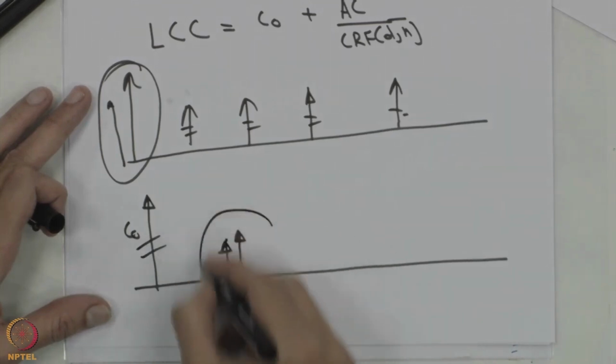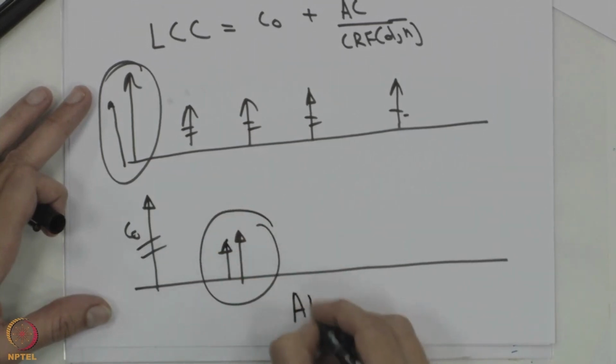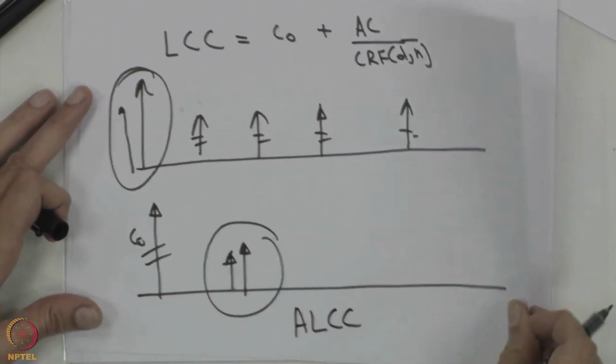This is called the annualized life cycle cost.